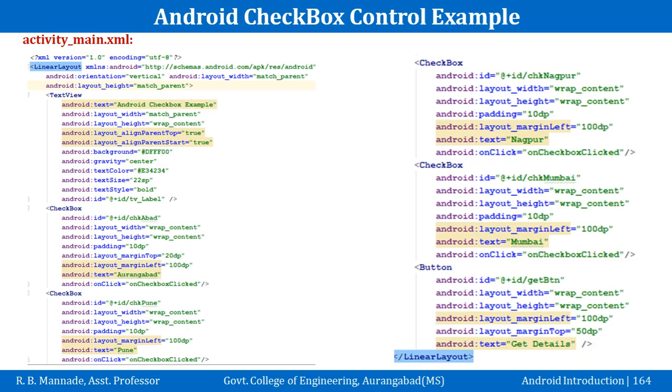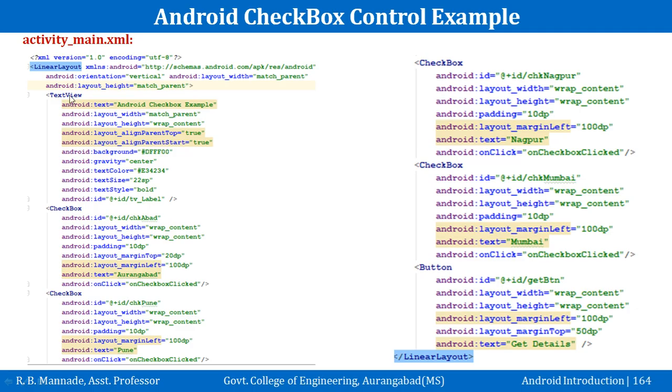Here is one example of the checkbox control. This is a code snippet of the activity_main.xml file which belongs to this checkbox control example. There is a linear layout, this is the start of the linear layout and this is the end of it, and there are six controls, out of which four are checkbox controls, one is a text view, and the last one is a button control.